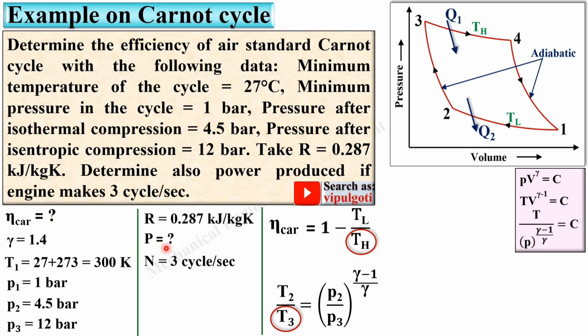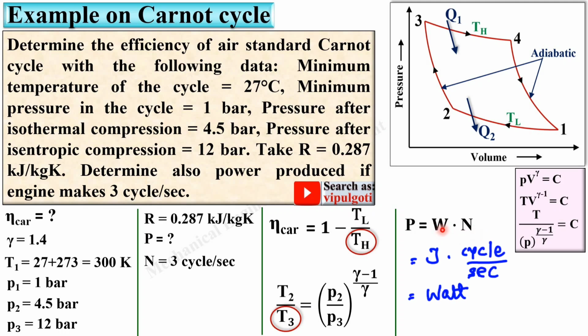Now let's see the second objective, power. Again you know that power is equal to W into N, because W is actually the work done and that is always in joule or kilojoule. Now if you multiply it by cycles per second, then you will get the unit joule per second, and that is actually watt. So from that you can understand the equation of the power.